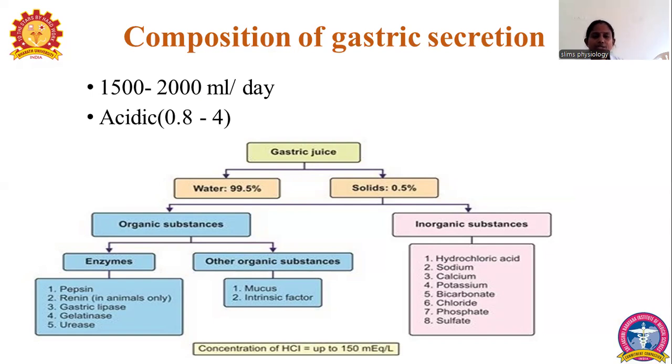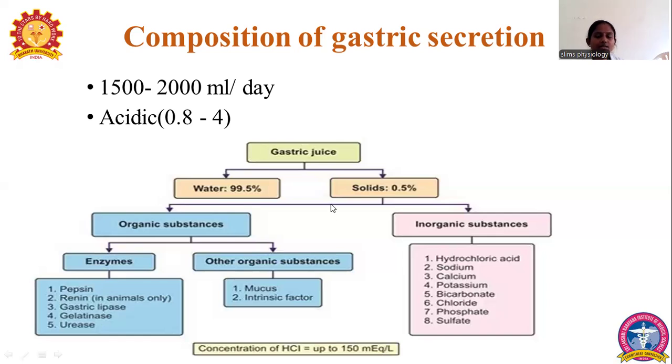It varies between individuals from the lower range to the upper range of the normal level. The acidity or the pH of the gastric content varies between 0.8 to 4. So it can be very acidic, as high as a pH of 0.7 or 0.8, depending on the stimulus which is being given from the parietal cell.